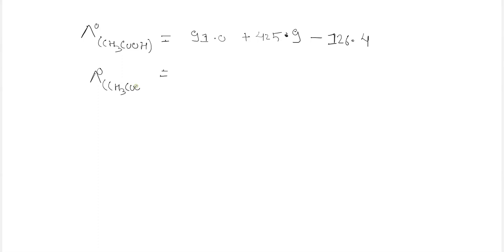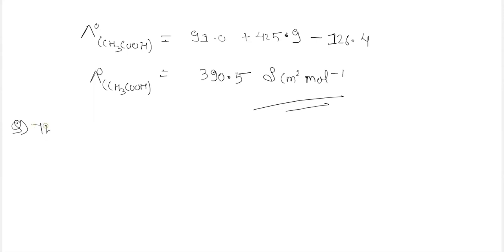On solving this, we will get the answer as 390.5 Siemens centimeter square mole inverse. So this is the molar conductance for the acetic acid which was required. Like this, different types of questions can be asked. This was the first type of question. Let's see one more type of question which can be asked from this particular topic.